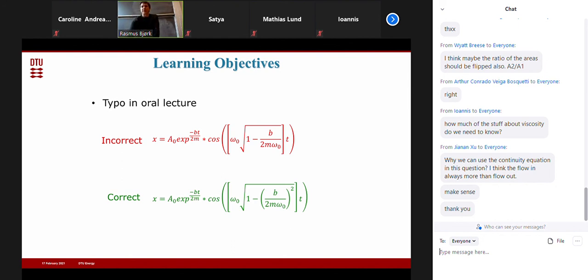If you notice, there's a square in the square root term that I don't think I put on the board. So I also wrote this note in DTU Learn. It's correct in the book and everywhere else, but I think when I put it up on the board, I forgot the squared sign. Just wanted to make sure you knew that.